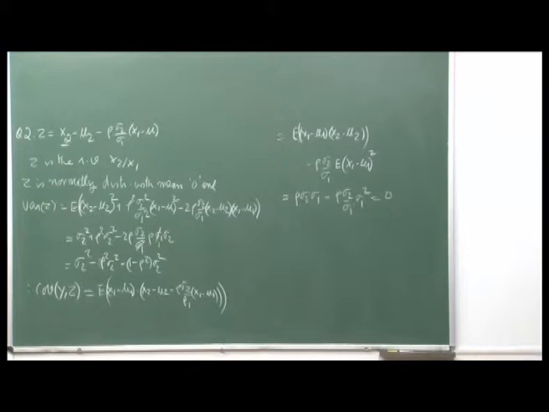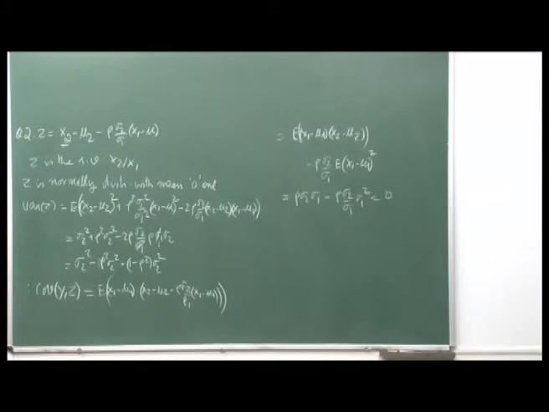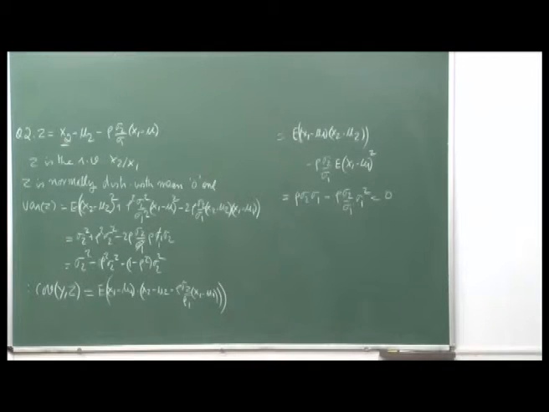Now, when we want to compute the covariance of Y comma Z, that will be the expectation of X1 minus mu1 into X2 minus mu2 minus rho sigma2 upon sigma1 into X1 minus mu1, right. And again here we can take expectation inside. So, this will be the expectation of X1 minus mu1 into X2 minus mu2, minus rho sigma2 upon sigma1 times the expectation of X1 minus mu1 whole square.